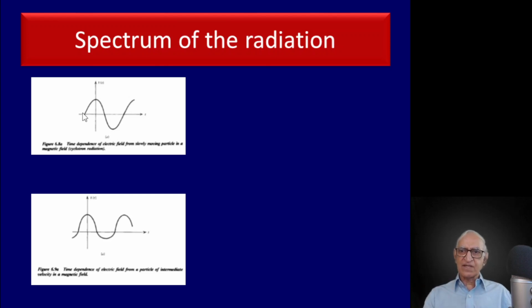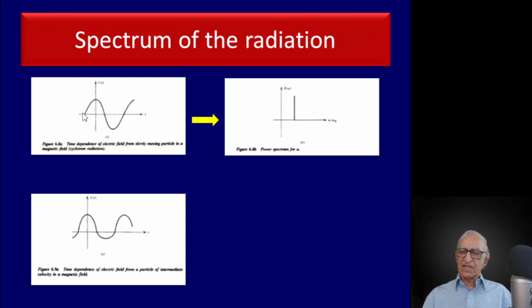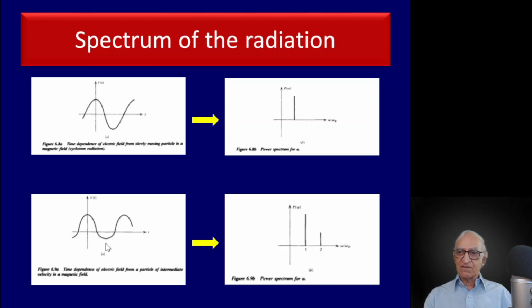Now if I Fourier transform sine omega t, then I get a single frequency, or in other words, the power spectrum, as the electrical engineer would call it, consists of a single frequency. That frequency is omega. Now suppose the electric field is changing not quite sinusoidally, but that sine wave is slightly distorted, then the power spectrum will have harmonics in it. It will not have just the fundamental, but it will have harmonics.